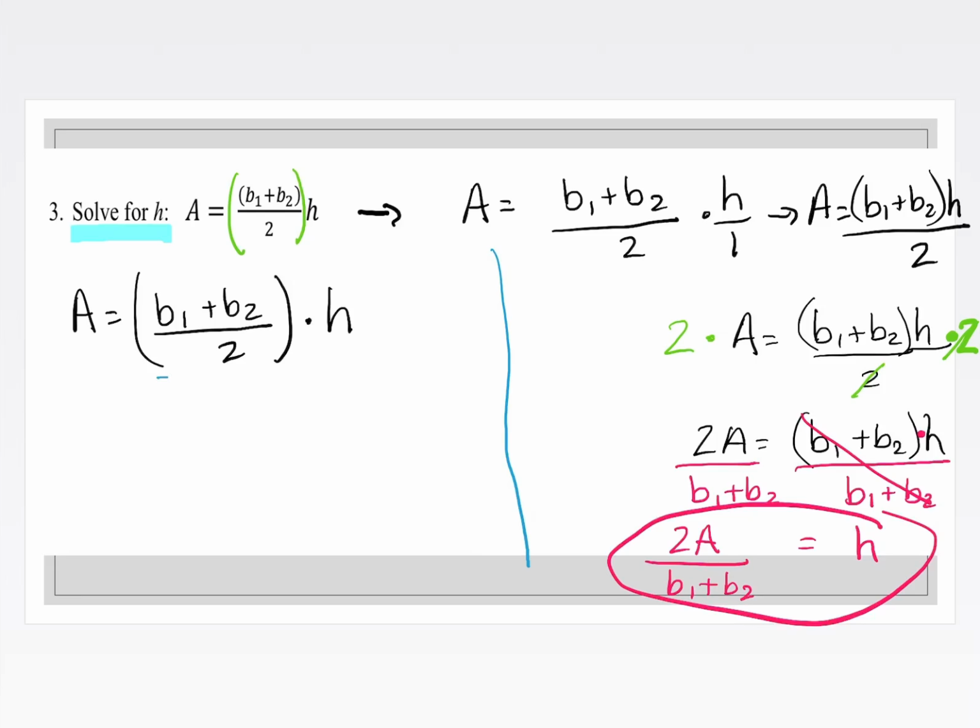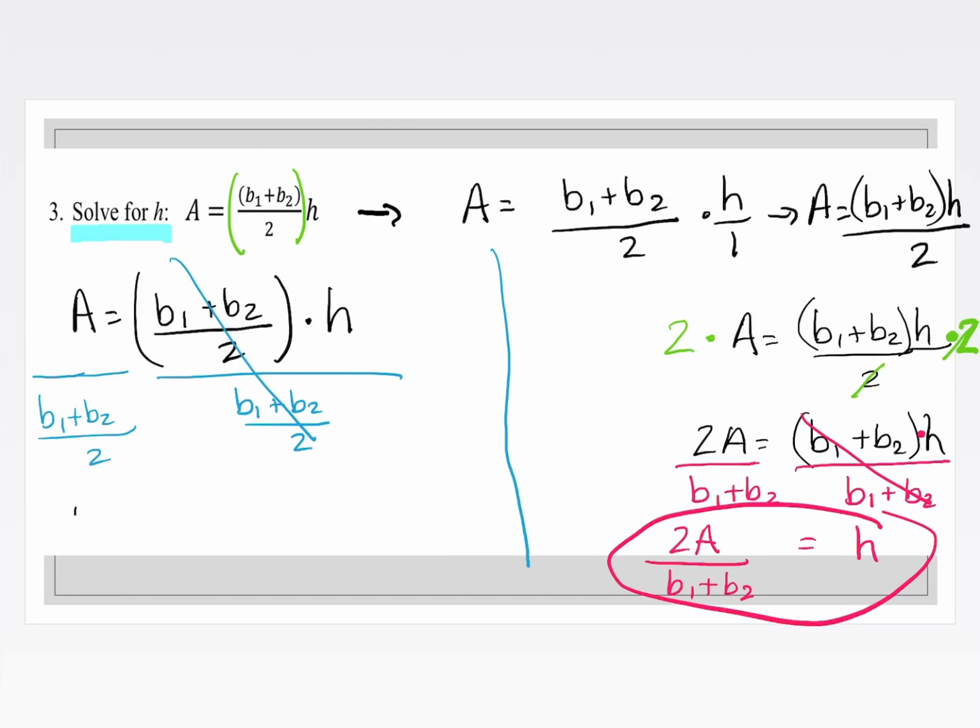So we can actually divide both sides of our equation by b1 plus b2 divided by 2. On the right-hand side, it will cancel. But this actually looks a little bit wonky. Remember, dividing fractions is the same thing as multiplying by the reciprocal. Don't ask why, just flip and multiply.